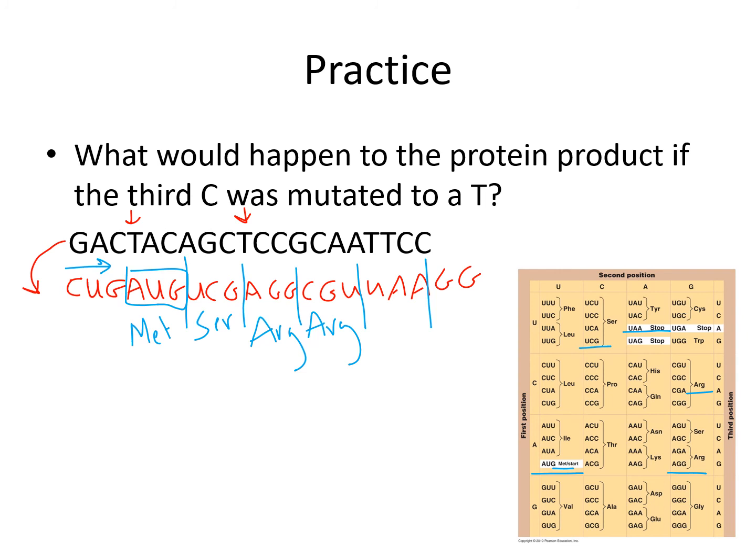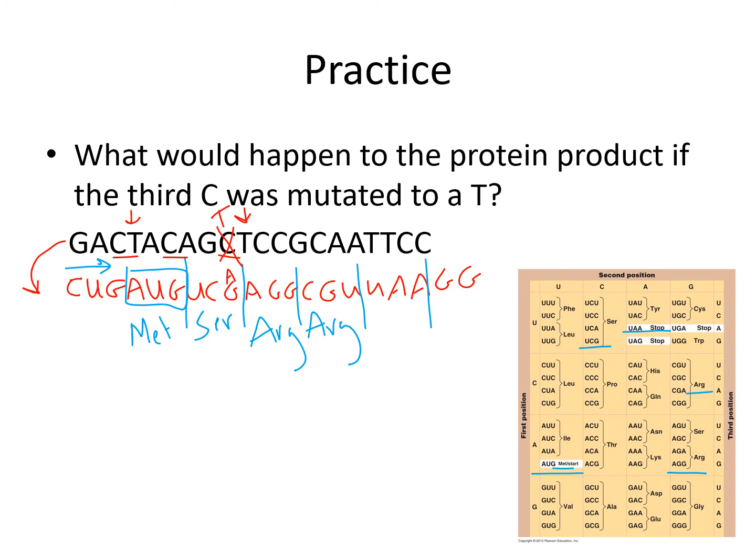And the question is, what would happen to the protein product if the third C was mutated to a T? So third C, 1, 2, 3. And if this was mutated to a T, so it is no longer a C, it's a thymine, then this nucleotide in the RNA would be an adenine.